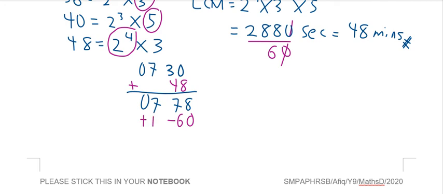So 78 minus 60 will be 18, and 7 plus 1 will be 8. So the next time they will flash together is at 8:18 a.m. So that's example number 4.